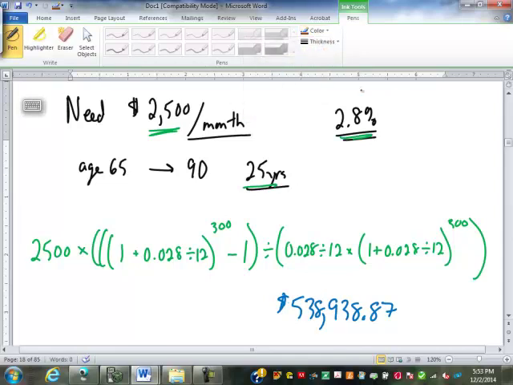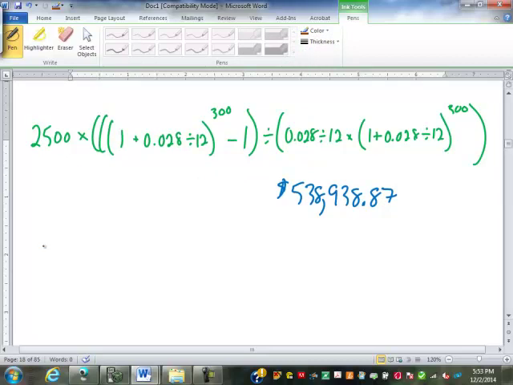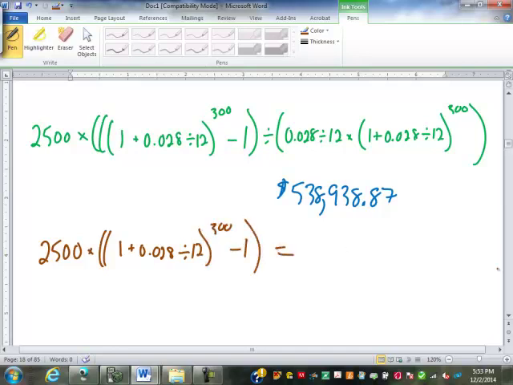So on the one-line display calculator, how would you enter this? Very good question. 2,500 times 1, 2. 1 plus 0.028 divided by 12 to the power of 300 minus 1, close, and equals. And now you will still divide by parentheses 0.028 divided by 12 times open parentheses 1 plus 0.028 divided by 12.